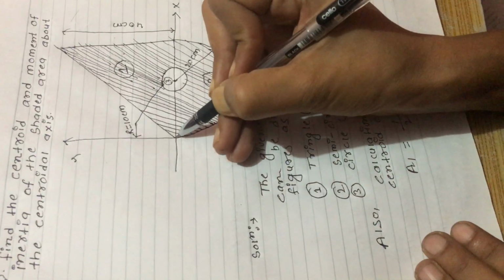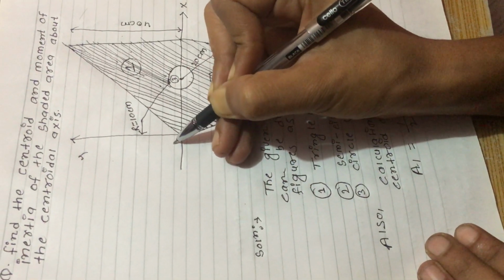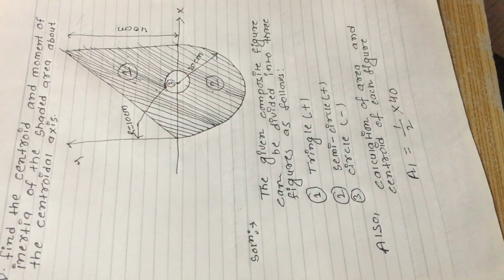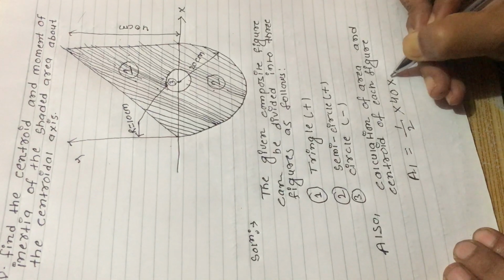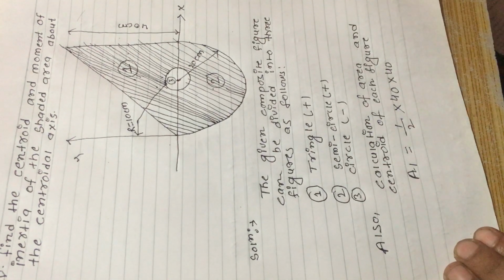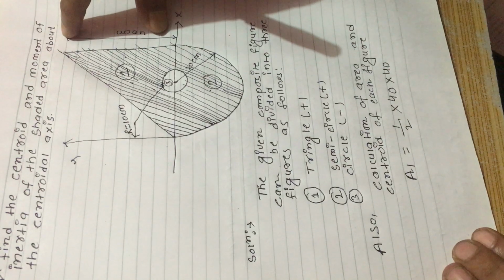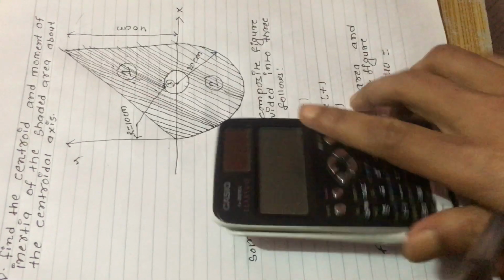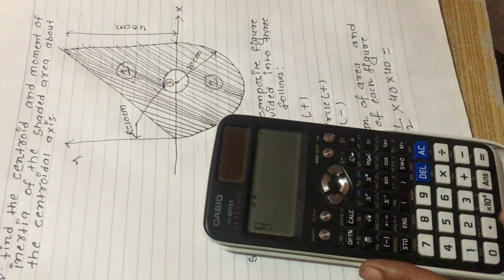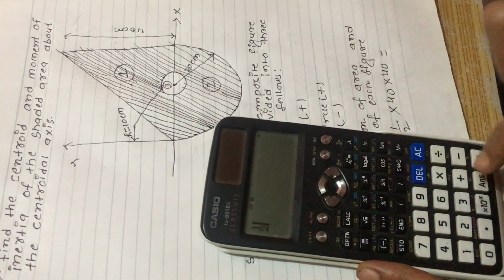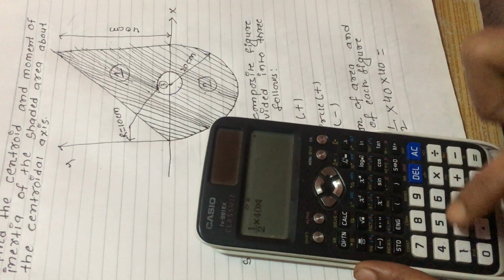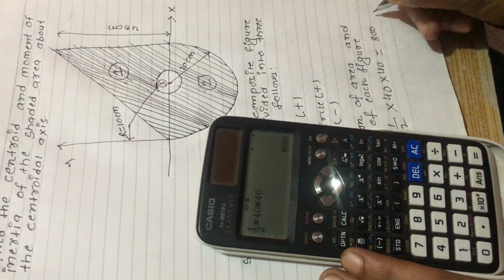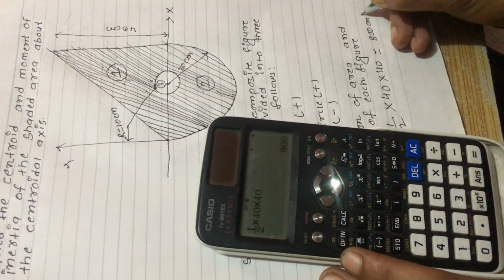That's why, if this point is A and this point is B, then the length of AB is 40. Height is also 40. So 1 by 2 into 40 into 40. On calculating using a calculator, we get 800. Our unit is cm square.